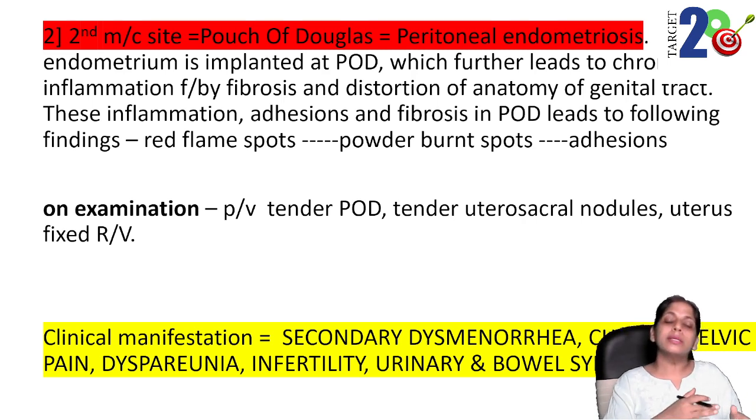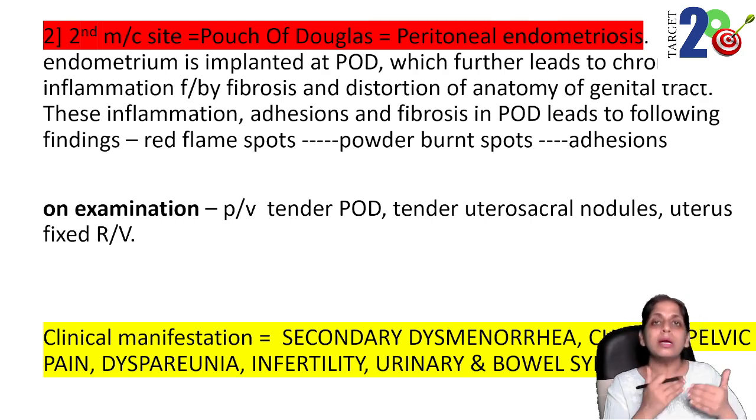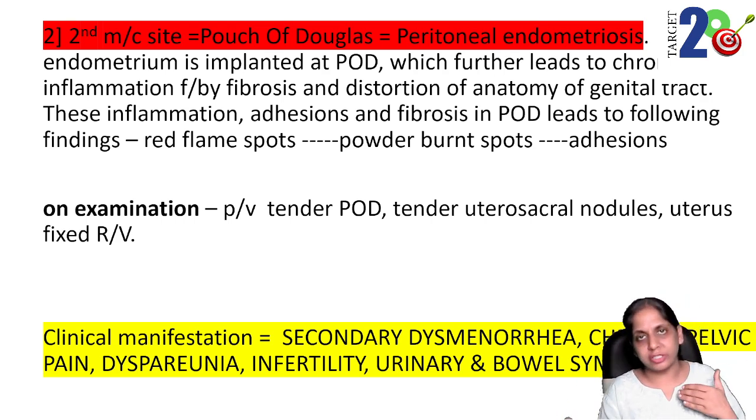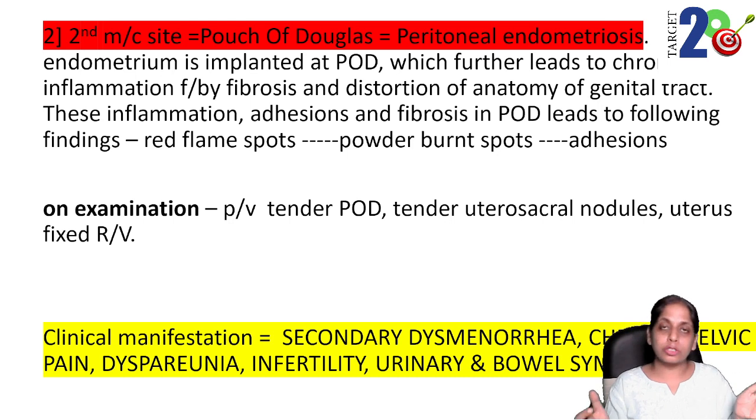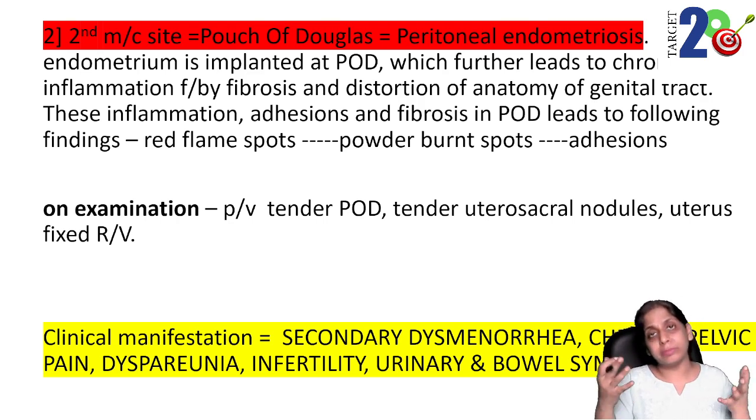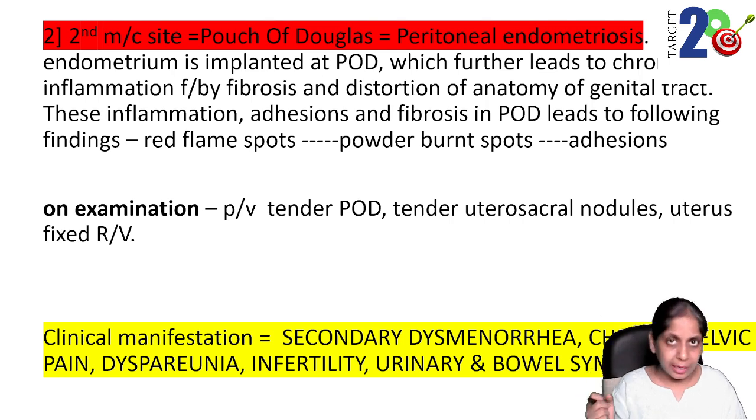Now here, every month the endometrium that has come into the pouch of Douglas goes through hormonal changes again and again, and there is chronic inflammation, fibrosis, adhesions and distortion of the anatomy, due to the continuous endometrial shedding occurring at the ectopic endometrial sites.